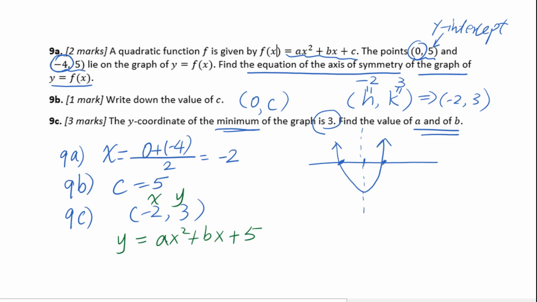So we plug these coordinates into this quadratic function. You will get 3 equals a times -2 squared plus b times -2 plus 5.